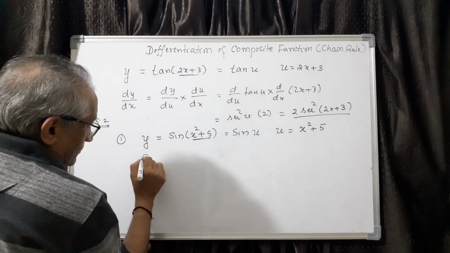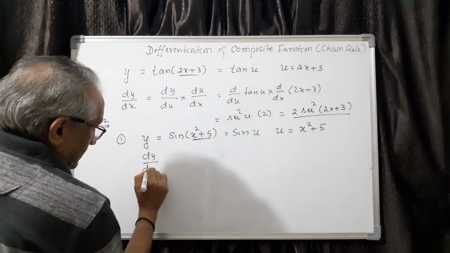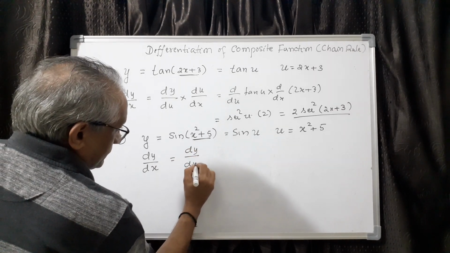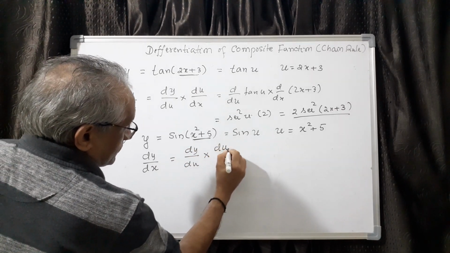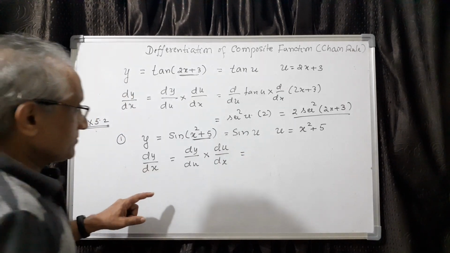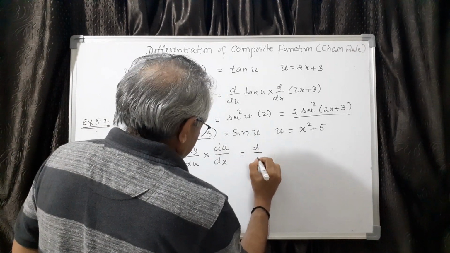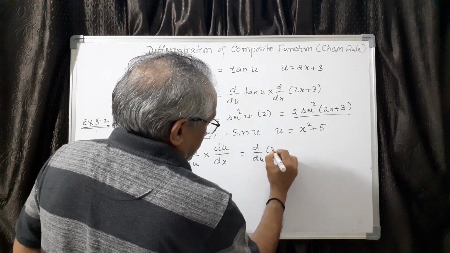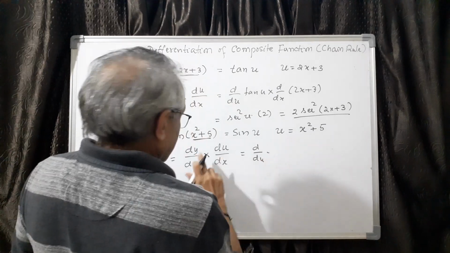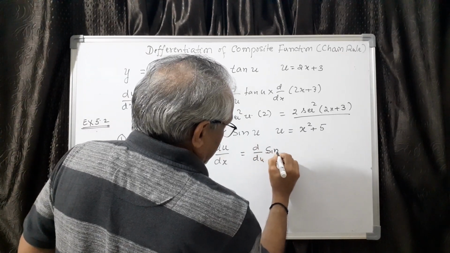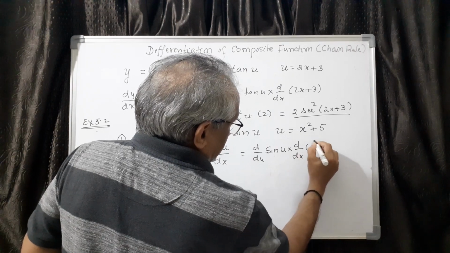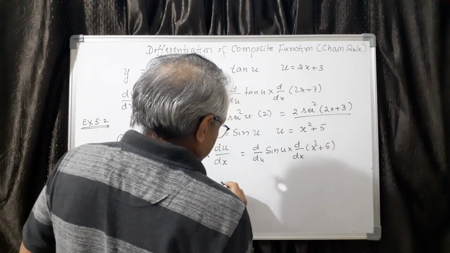Therefore, the chain rule you should write dy by dx equal to dy by du into du by dx, then substitute. So d by du of sine u into d by dx of x square plus 5.